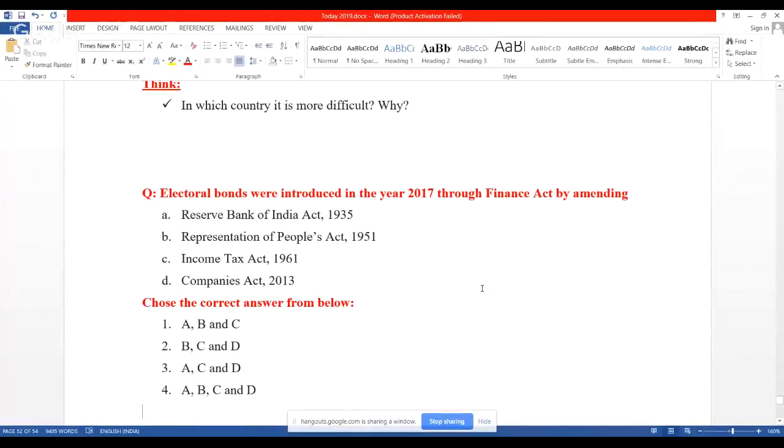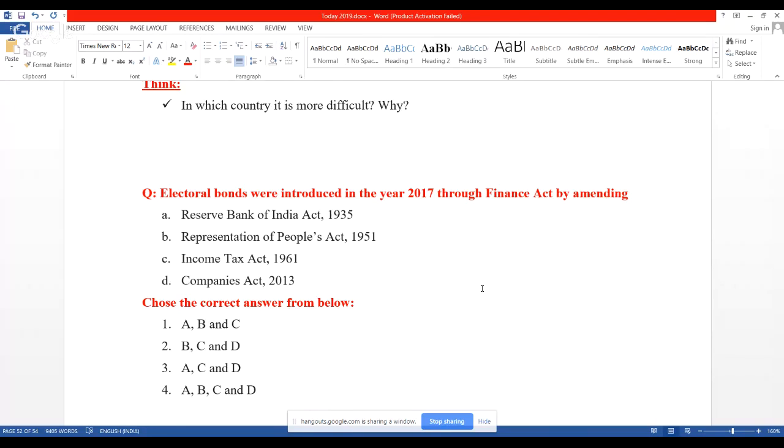Look at this. Electoral bonds were introduced in the year 2017. It may be a straight question. They may ask you in any examination. Please remember this one. It was introduced in the year 2017 through the Finance Act by amending, so A, B, C, D, right? Four acts have been given.